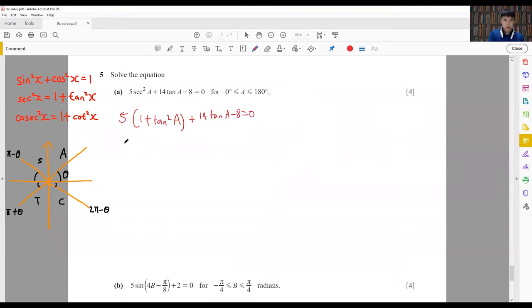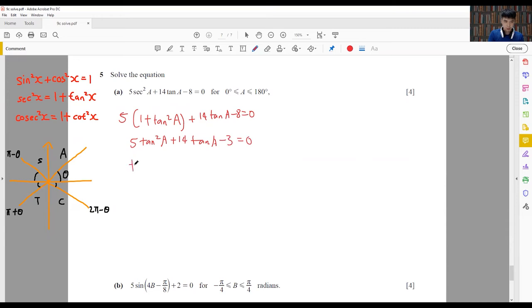Expand the bracket, I'm just going to do the shortcut and find the simplified version straight away. 5 tan square a plus 14 tan a minus 8 plus 5 minus 3 equals 0.